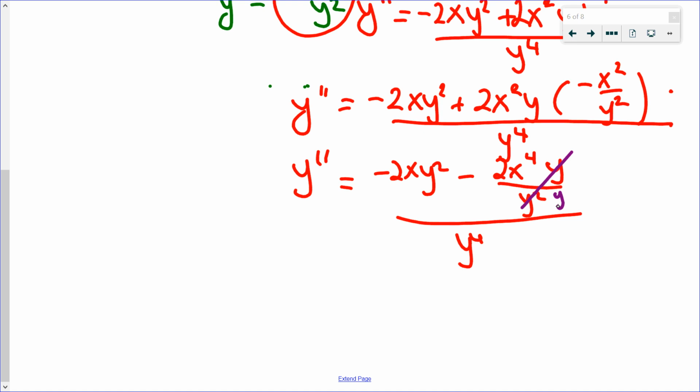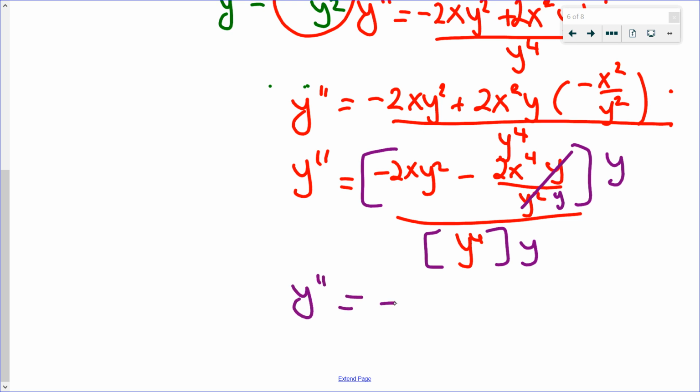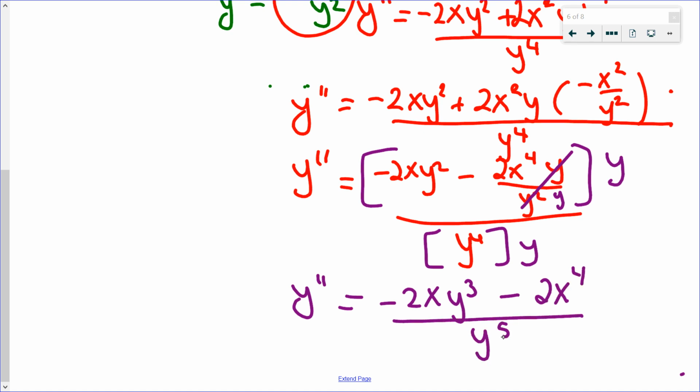Because I have a fraction over fraction, what I want to do is multiply my entire numerator by y, and to be fair, multiply my denominator by y as well. I haven't changed the question because y over y is just 1. So distributing the y inside the brackets, I'll have negative 2xy cubed minus, now distributing it here, the y's cancel, so I have negative 2x exponent 4 all over y exponent 5.